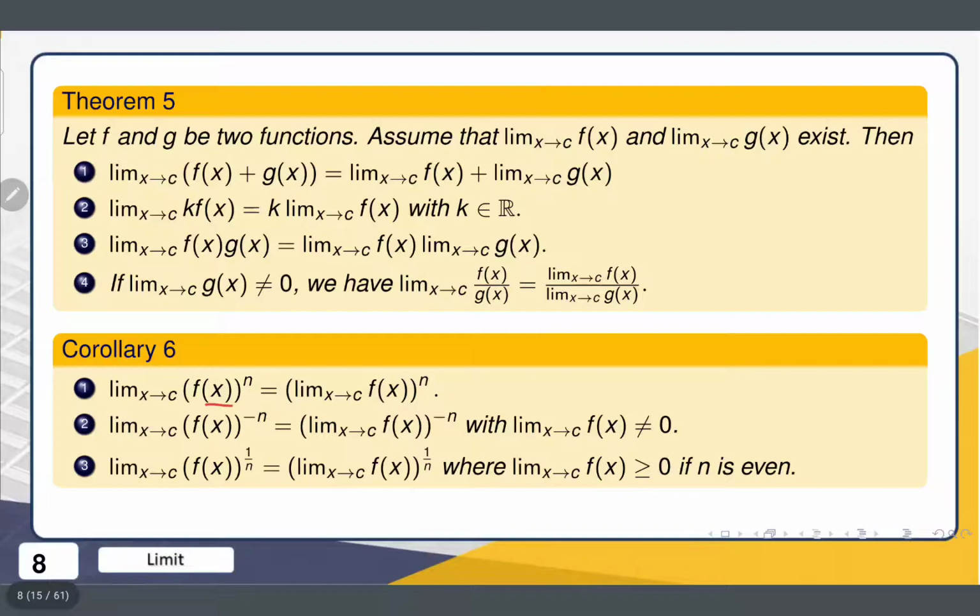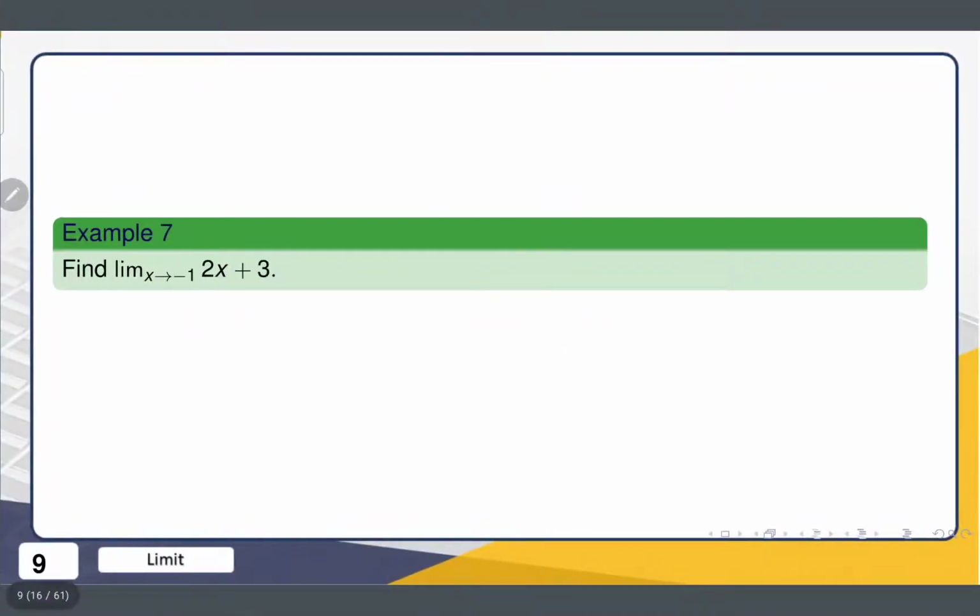You will have this kind of stuff, and we go directly to the example here. For example, we want to calculate the limit as x approaches -1 of 2x + 3. If you see the properties, you can calculate it easily. So please see the concept, not only how to calculate.